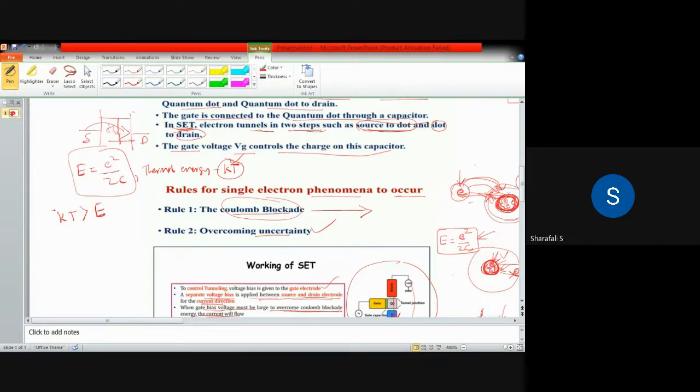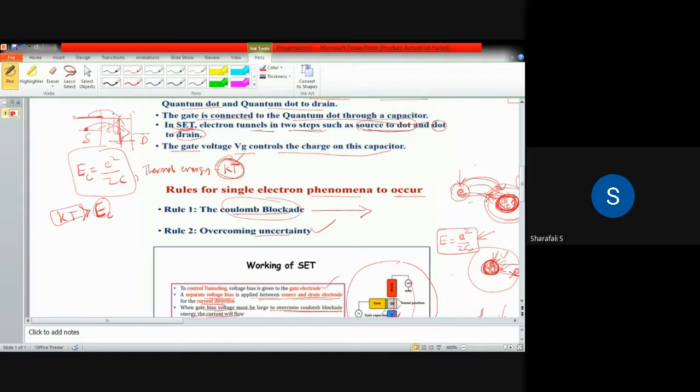Because if this kT is larger than this energy E, let's say this is EC for Coulomb blockade, then it can directly go across, because the electron was here, but because of this thermal energy, it will get additional energy and go up, above this Coulomb blockade energy.